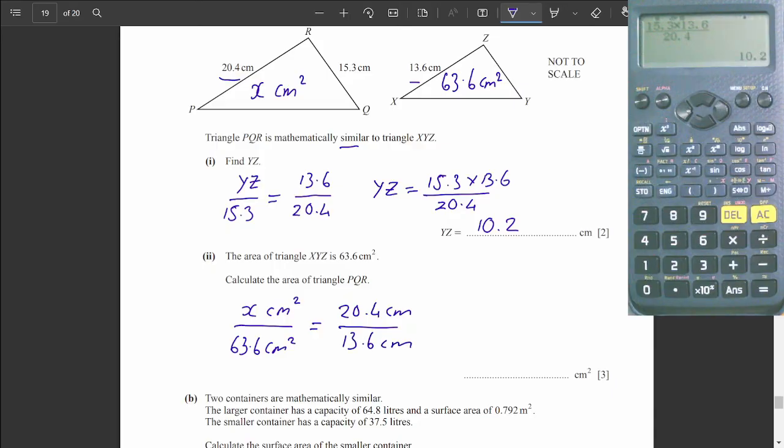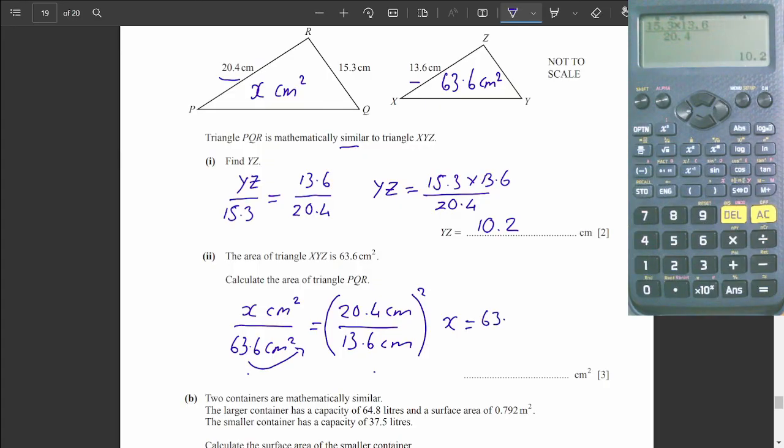Okay, so on the left there, we've got an area scale factor. On the right, a linear scale factor. That's not the same. We're not in the same dimension at the moment. Centimeters squared, centimeters, not the same. That's why we need to square this scale factor here, to make sure it's the same. So what's it going to look like? If we want to work out what X is, let's rearrange this, multiply this on the other side.